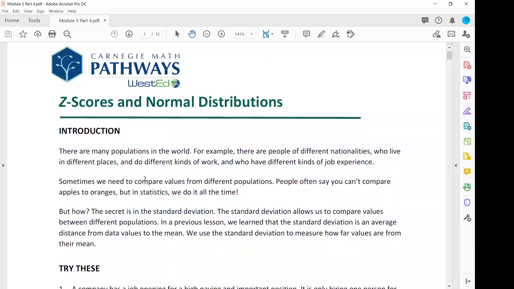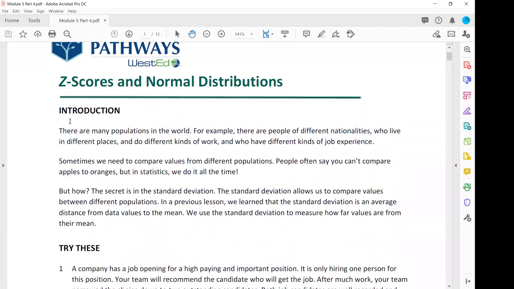Z-scores and normal distributions: introduction. There are many populations in the world. For example, there are people of different nationalities who live in different places, do different kinds of work, and have different kinds of job experience. Sometimes we need to compare values from different populations.